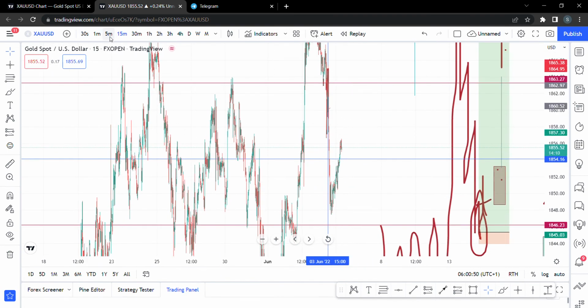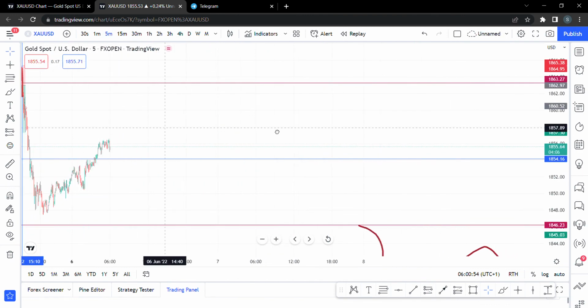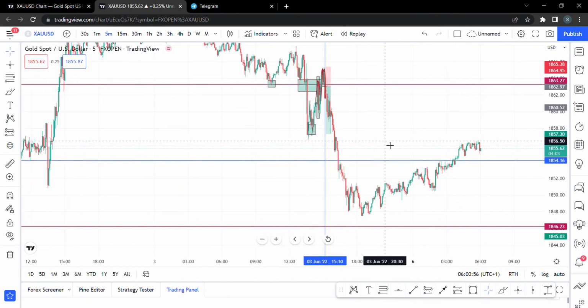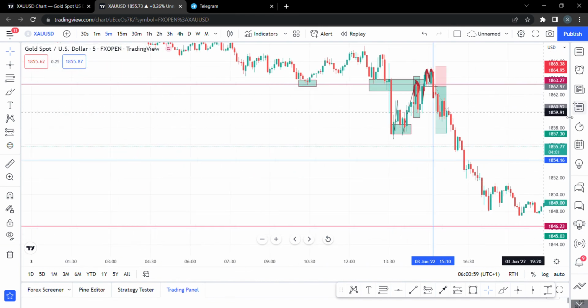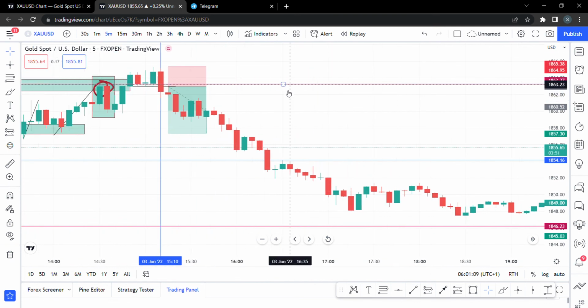Now you can see the engulfing pattern here. So let me clear this.